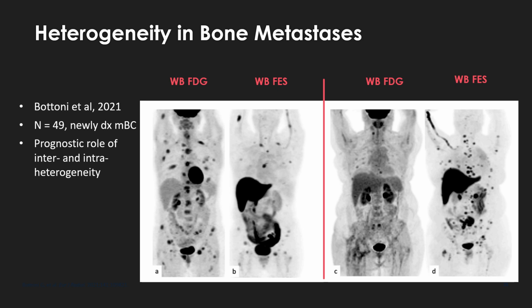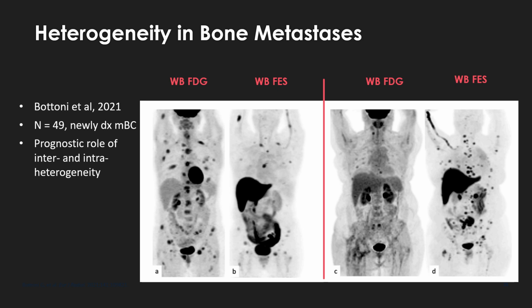So this patient had ER negative metastases, but you do see that there is some heterogeneity because there are some lesions that are showing up on the ER positive study. There's just a lot more ER negative lesions within this patient. This patient suffered from disease progression and subsequently died 20 months later.